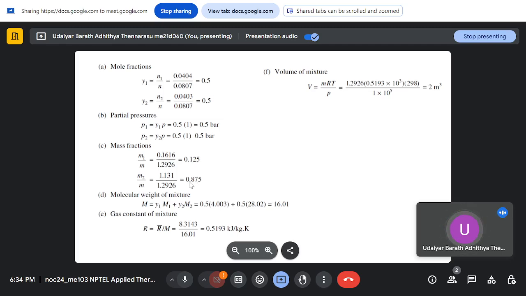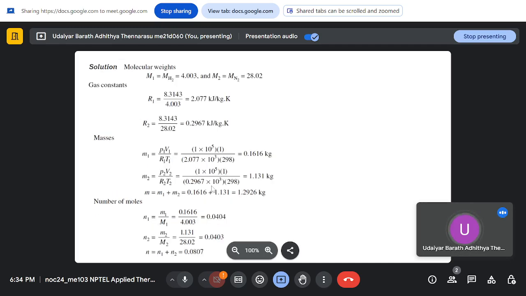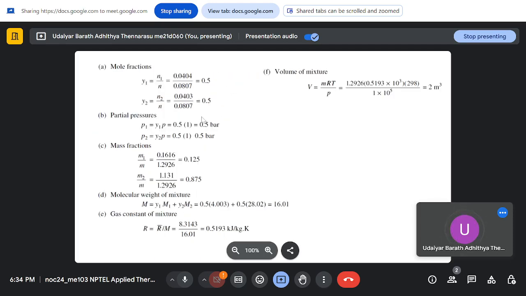So molecular weight is the summation of mole fraction into molecular weight of each component.